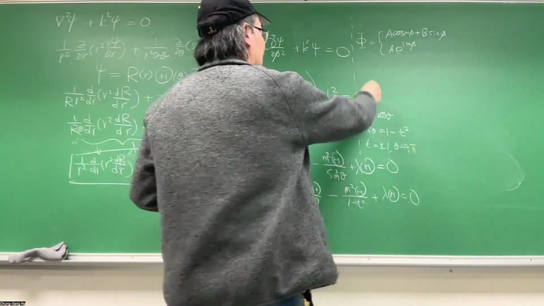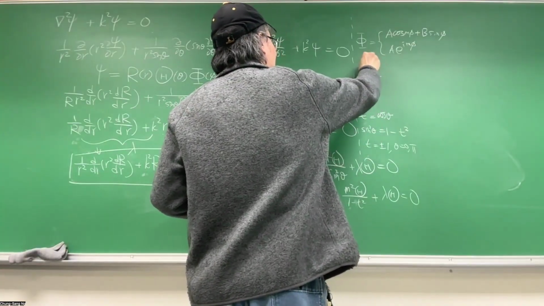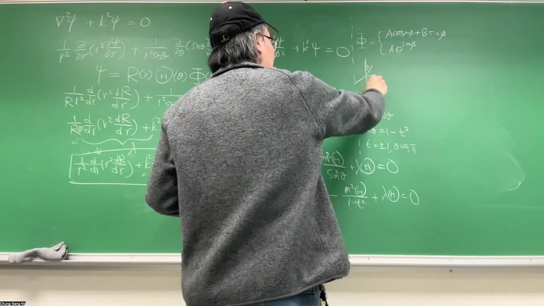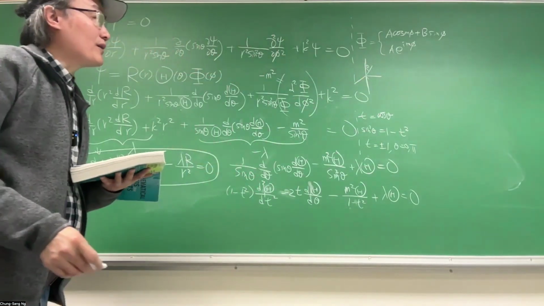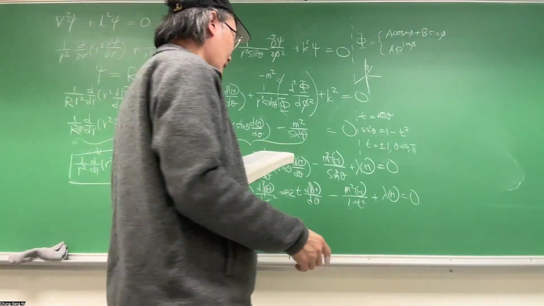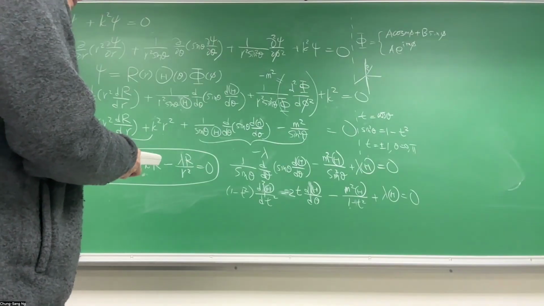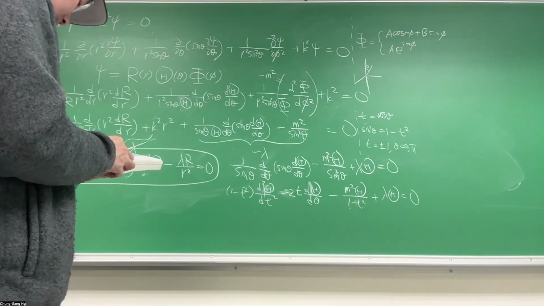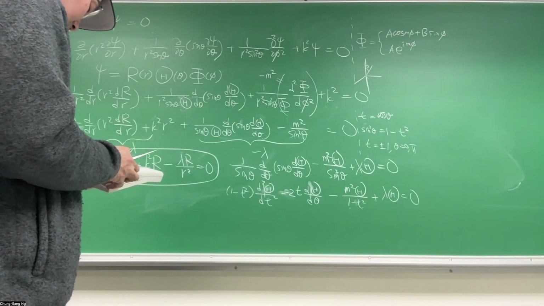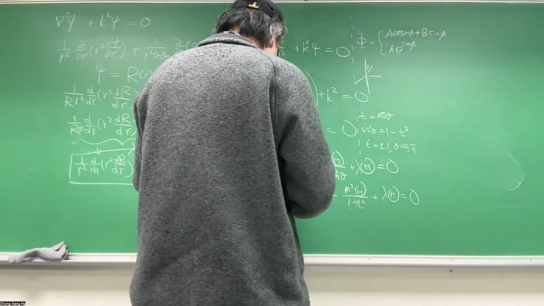Now for theta, if you include 0, which is this axis, or pi, which is the lower z-axis, if the problem involves these two axes, then there's a restriction on the acceptable value of, in this case, your lambda.